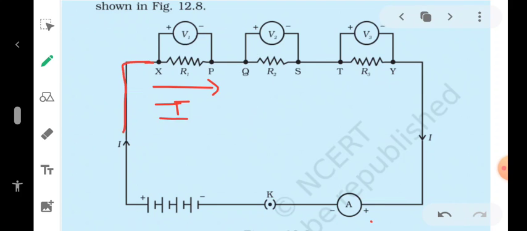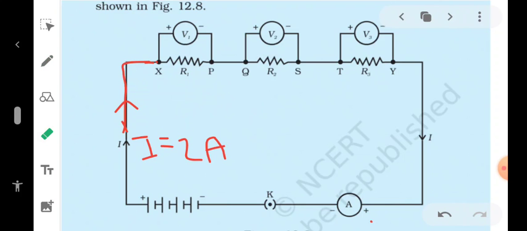I will tell you what is parallel later after finishing this series connection. The current will split into two parts at point X. For example, let us take I is equal to 2 ampere.